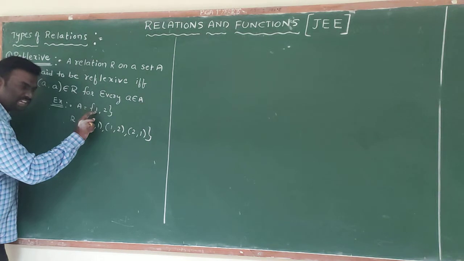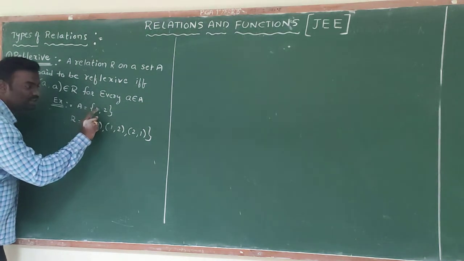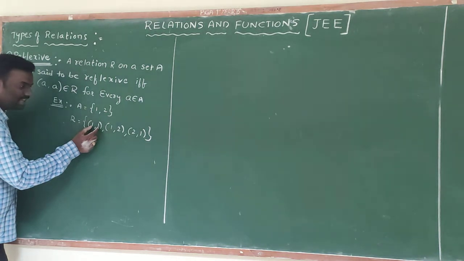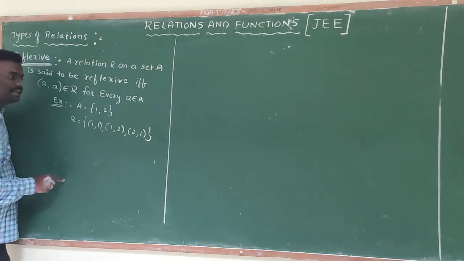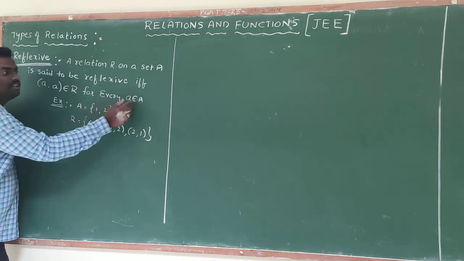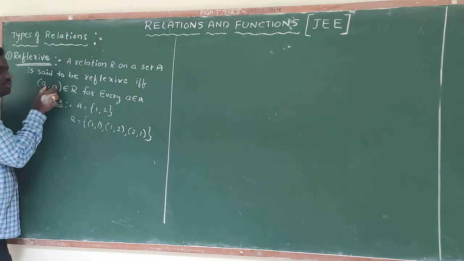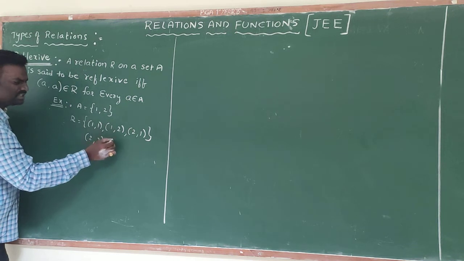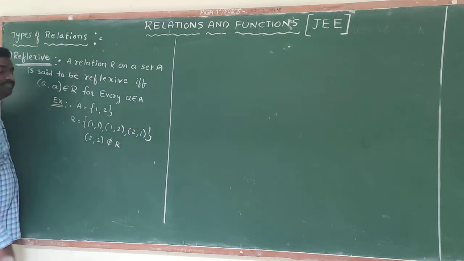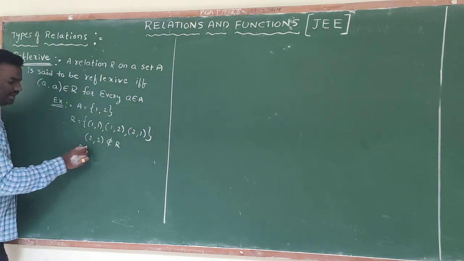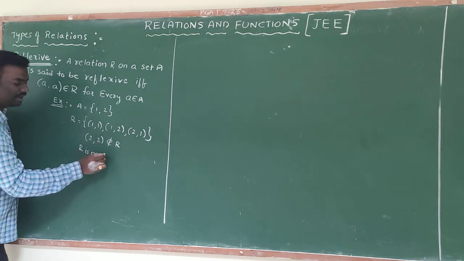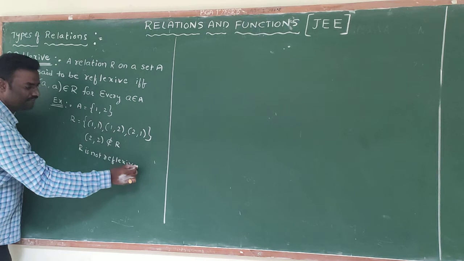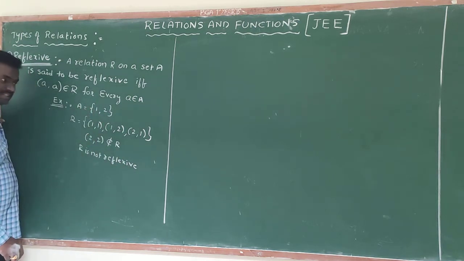No, you need to check for 1, similarly you need to check for 2. (1,1) is there in the relation R, but second element is what? If you take 2, pair is what? (2,2). So here (2,2) does not belong to R. Therefore R is not reflexive. You need to check for every element which is present in the set.